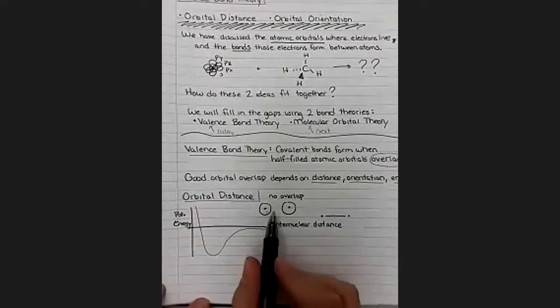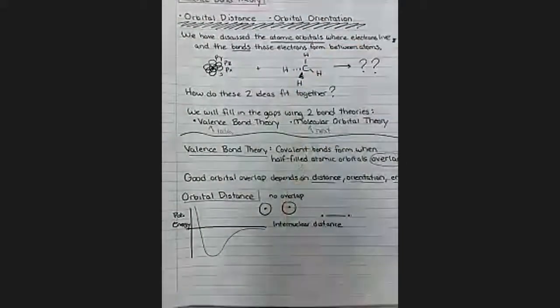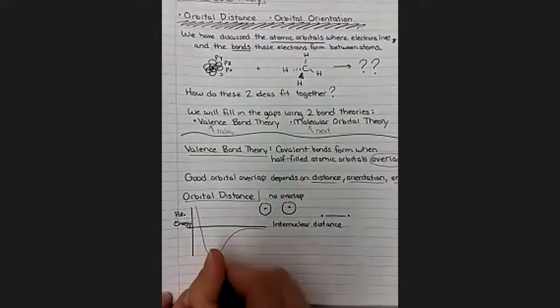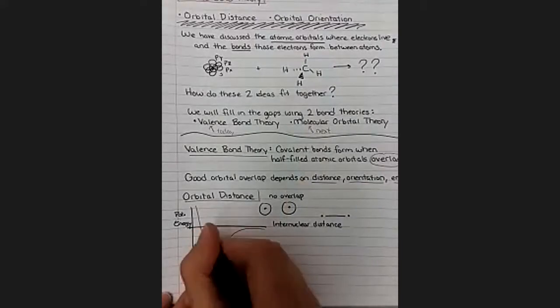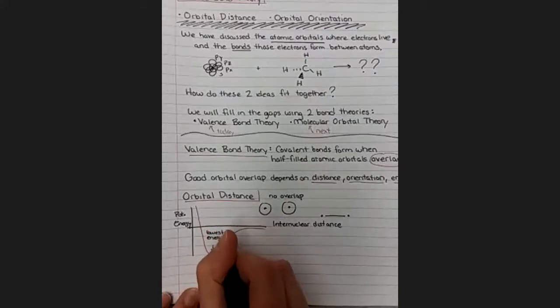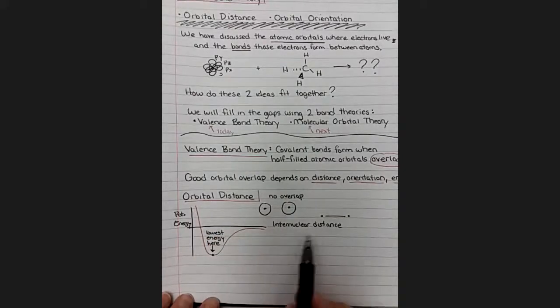As the nuclei and the orbitals move closer and closer together, as we move to the left in the graph, we eventually reach an energy minimum at the lowest point of the graph. And we know that low energy is stable. So this is the ideal internuclear distance, also known as the bond length.